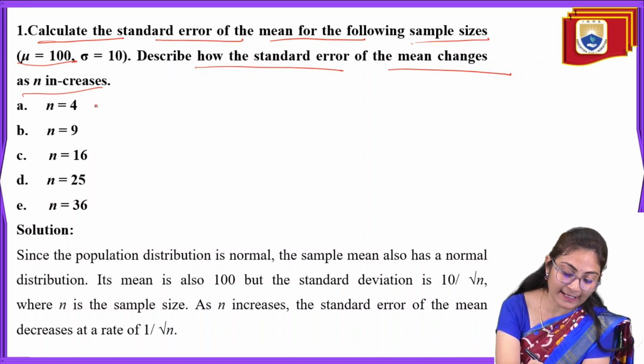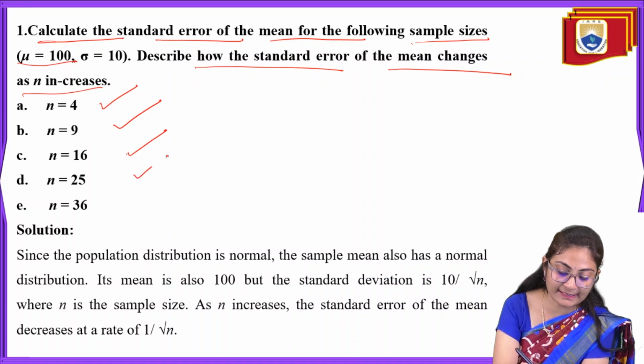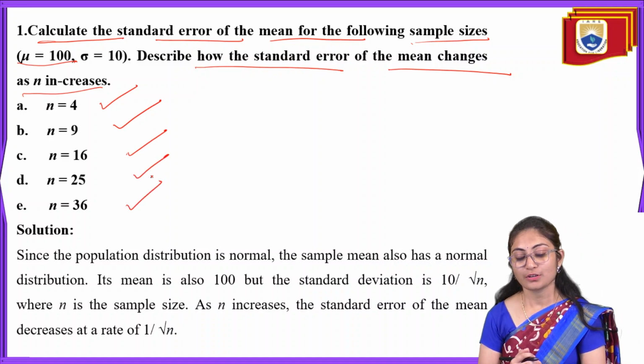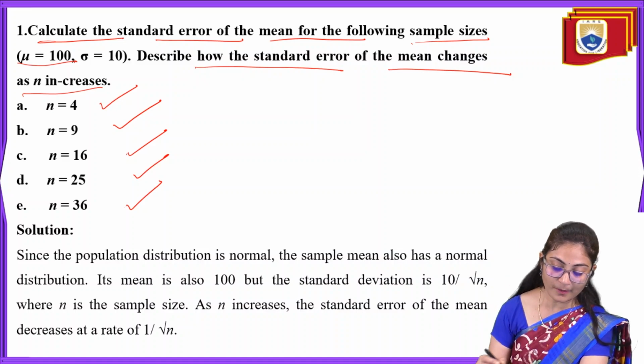Now here n has been given in increasing format: n is equal to 4, 9, 16, 25, 36. So we have to describe the standard error of the mean.